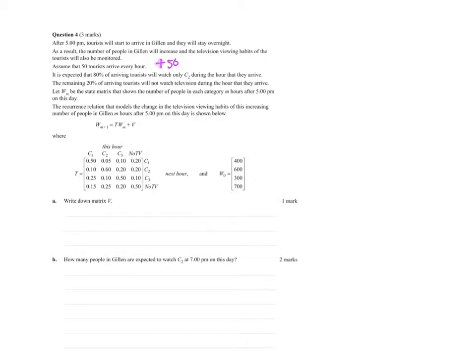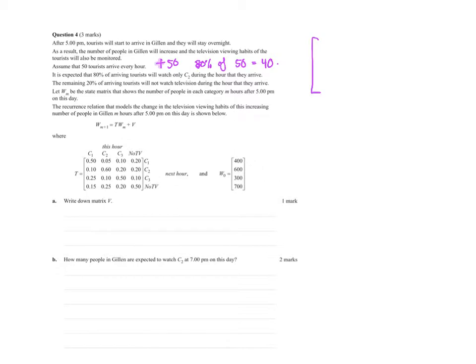So if you do 80% of 50, what's that, 40? Yeah. And then 20% for no TV.